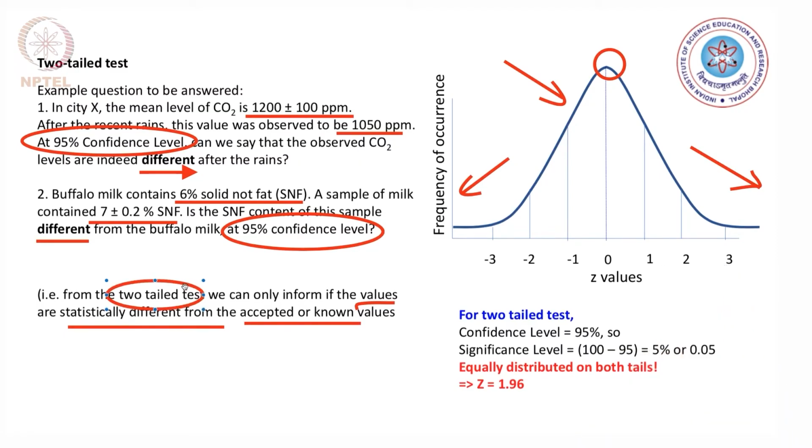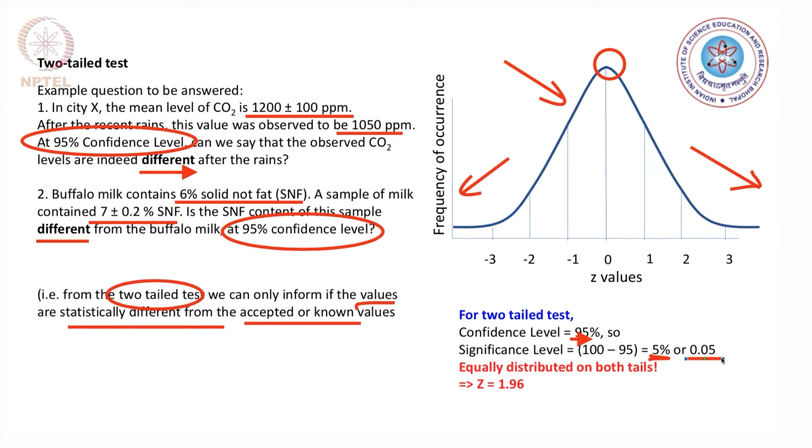And for the two-tailed test at 95% confidence level, what we imply is obviously the significance level is 5%, which is nothing but 100 minus 95, or if we write it in terms of decimals, it is 0.05.